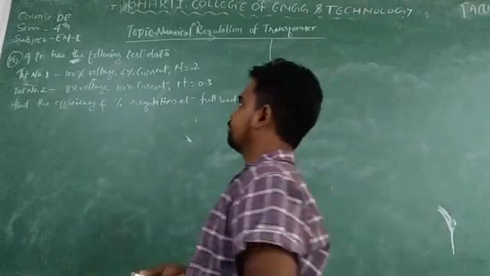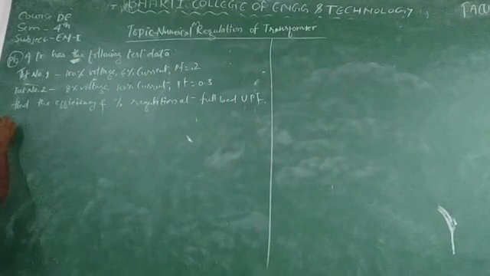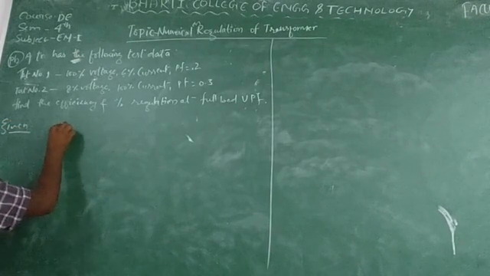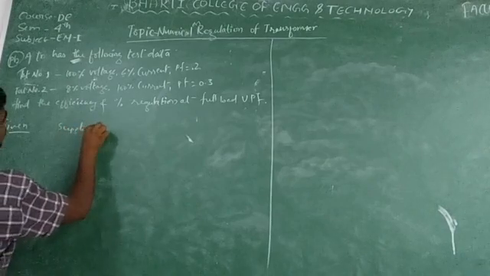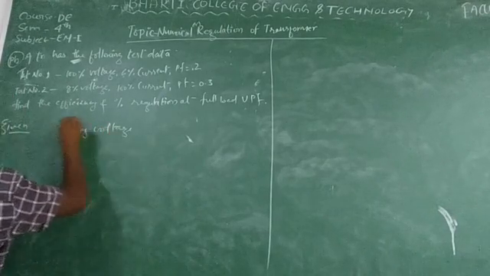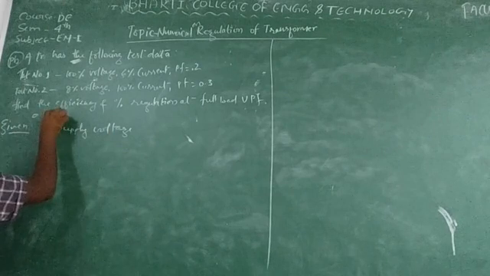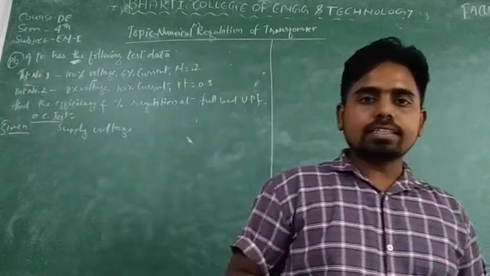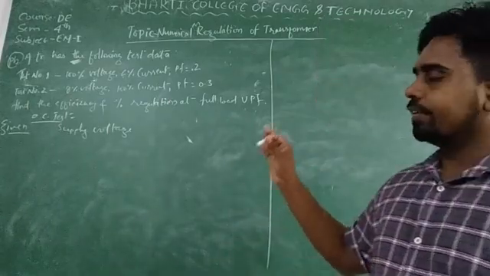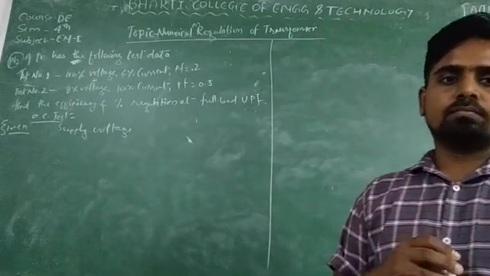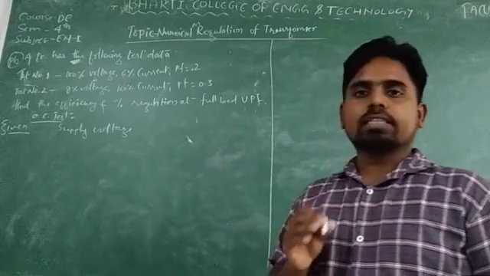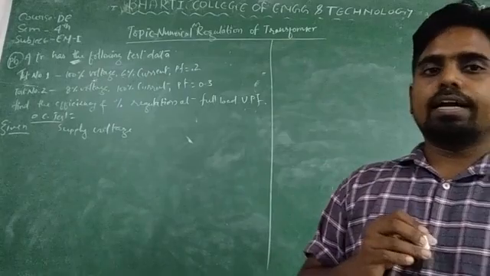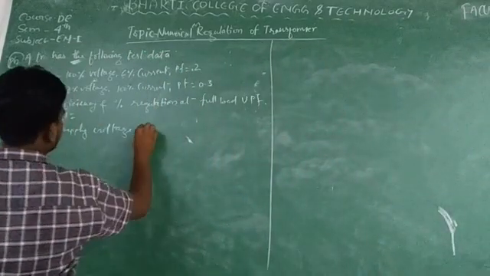So our given values are the supply voltage for the open circuit test. We are talking about the open circuit test. If we consider the values are given in per unit system, then our supply voltage V1 is 100% voltage, which means 1 per unit.